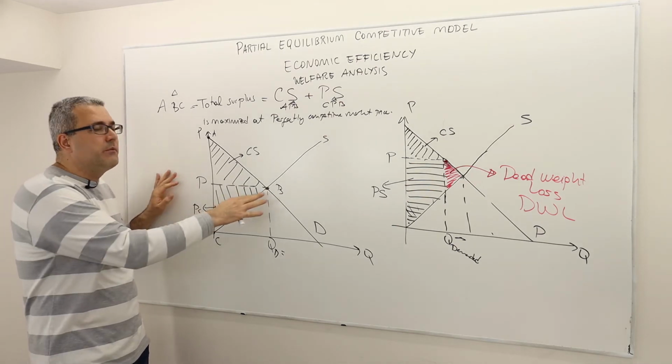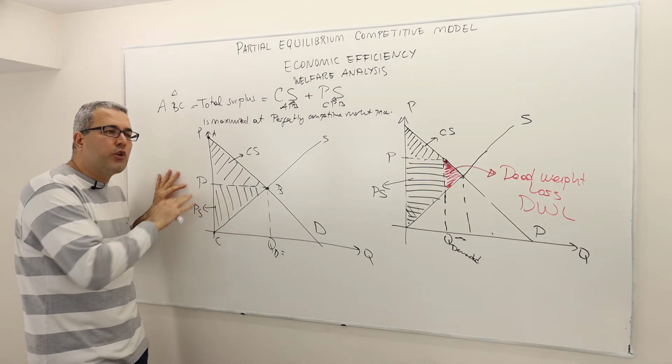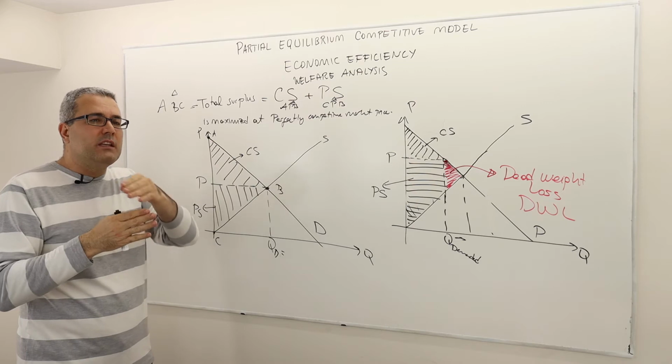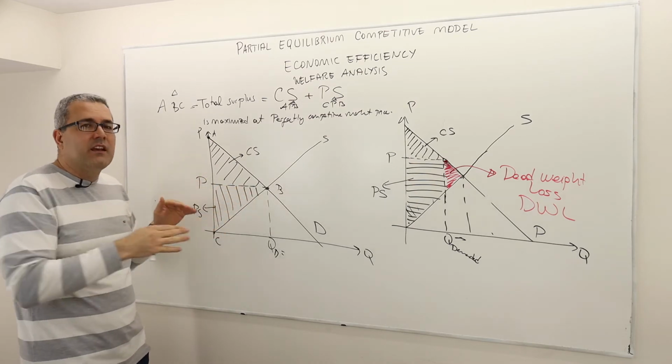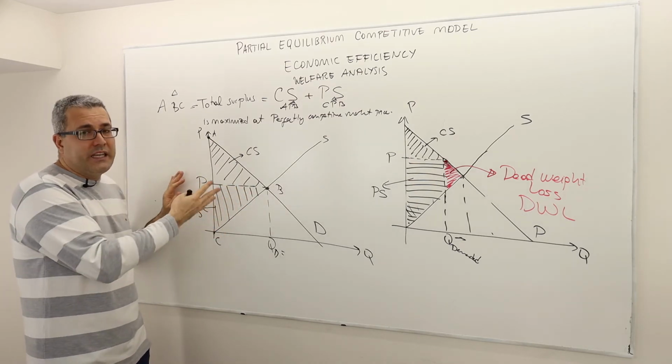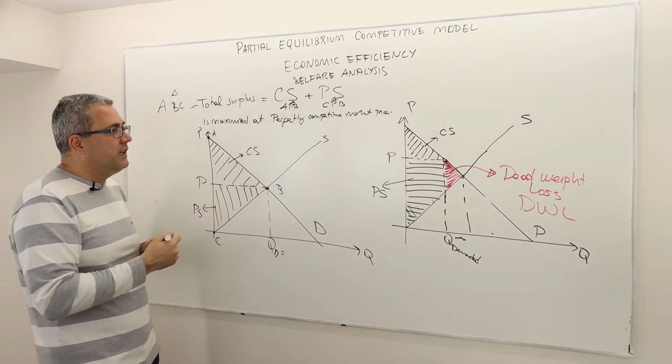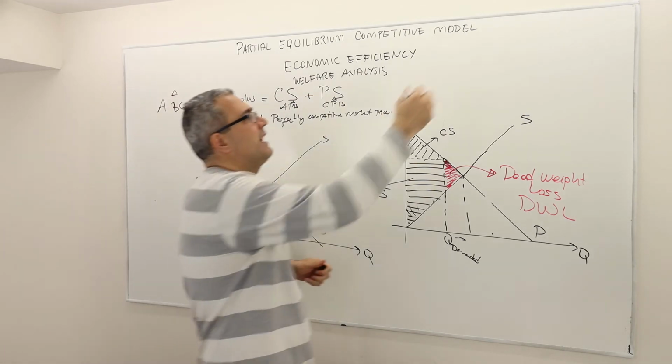So here, the perfectly competitive equilibrium price is a very thin knife with which you can divide the cake. Here it looks like equal. Obviously, it doesn't have to be equal. It depends on the demand and supply curve's elasticity.